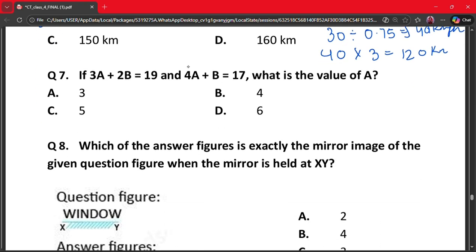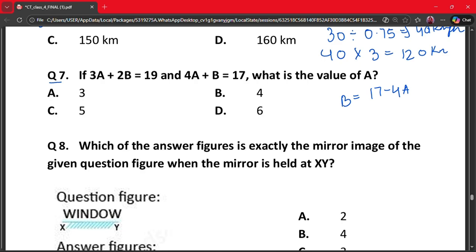The next question is question number 7. If 3a plus 2b is equal to 19 and 4a plus b is equal to 17, what is the value of a? A 3, B 4, C 5 and D 6. So from 4a plus b is equal to 17, it gives us b is equal to 17 minus 4a.